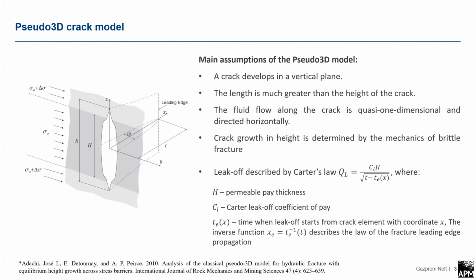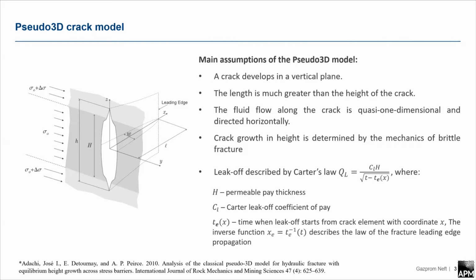We have several layers, and one of them is permeable with thickness H, and the leak-off from the permeable layer is described by Carter's law, where Te is the time when the leak-off starts from the crack element with the coordinate x.